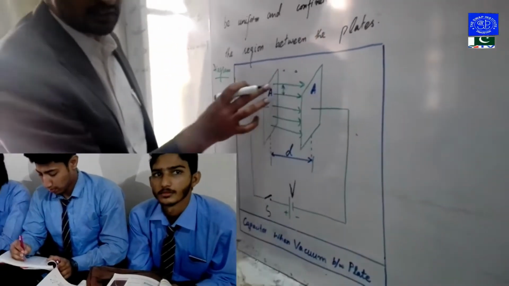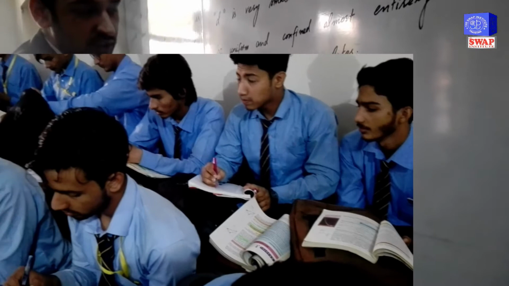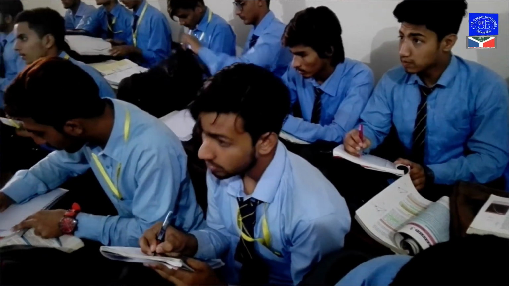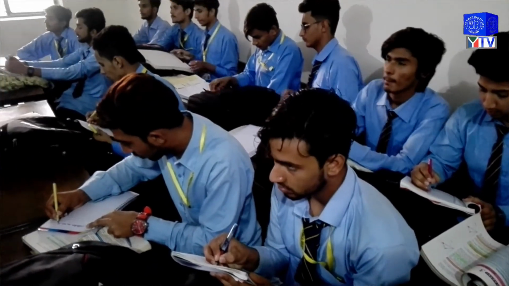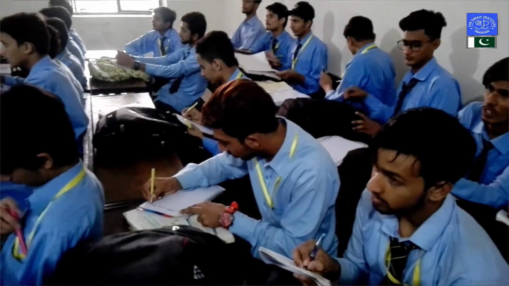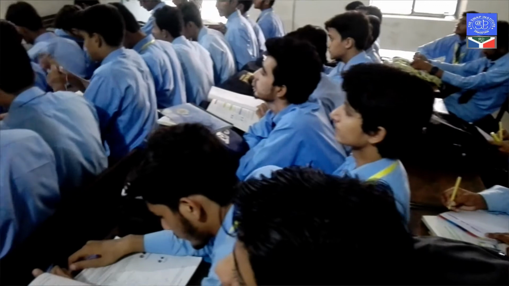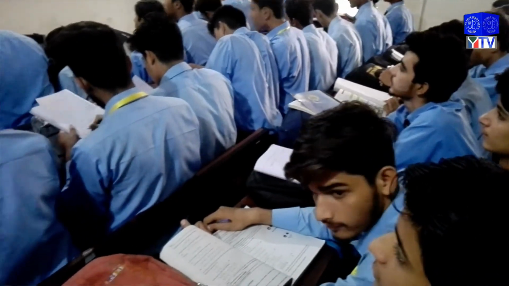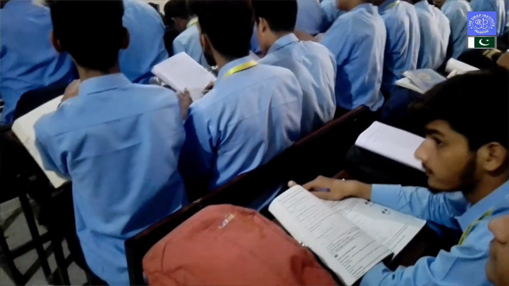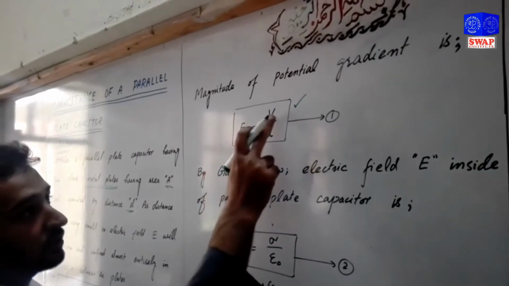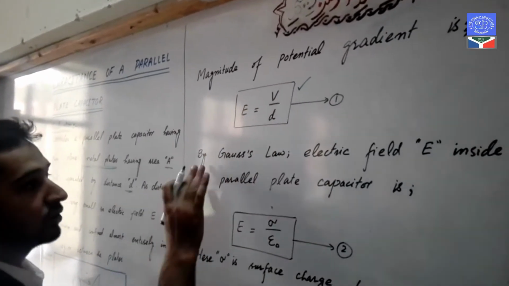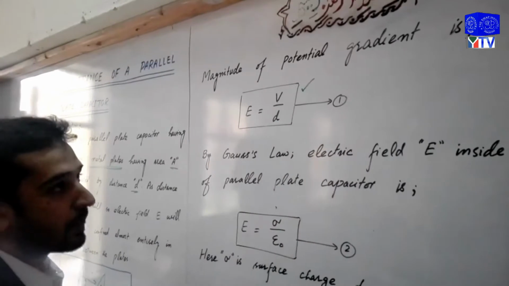These electric field lines are parallel to each other and equally distant. So this one is the diagram of the parallel plate capacitor when vacuum is between the parallel plates. Magnitude of the potential gradient, from the last article, E is equal to V over D. So this one is the first equation.